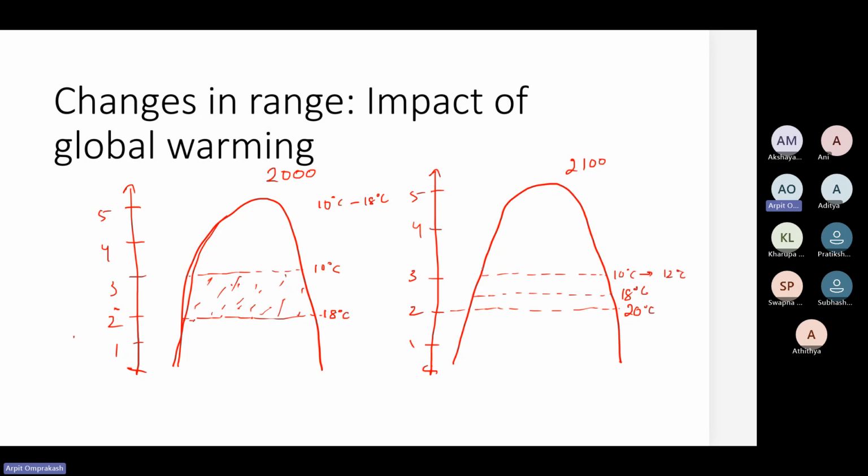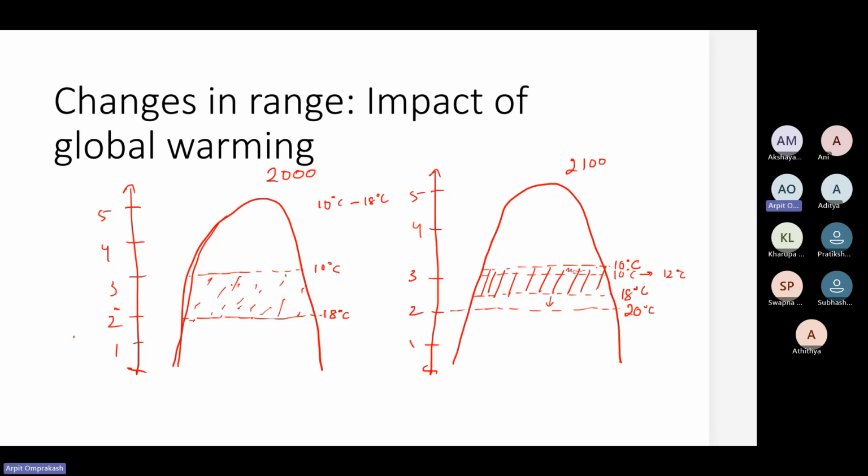So what will happen is the species is now found in this area, because the lower area is too hot for it, and this area is more suitable now because the temperature falls within the range of the species. So the range of the species is moving up the altitude.